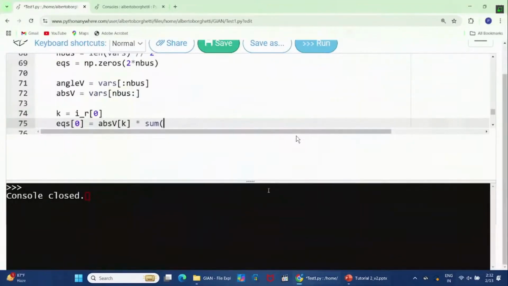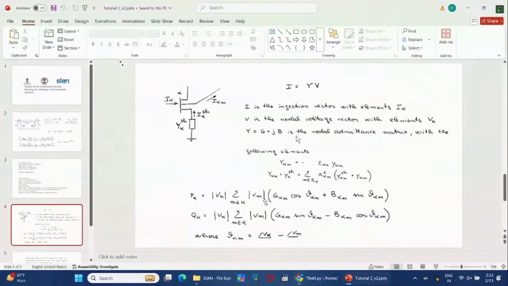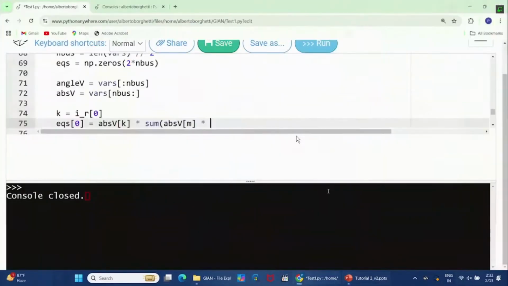So we can write abs V, with an index M, multiplied by the cosine. And we also need to multiply it by the G, so the real part.